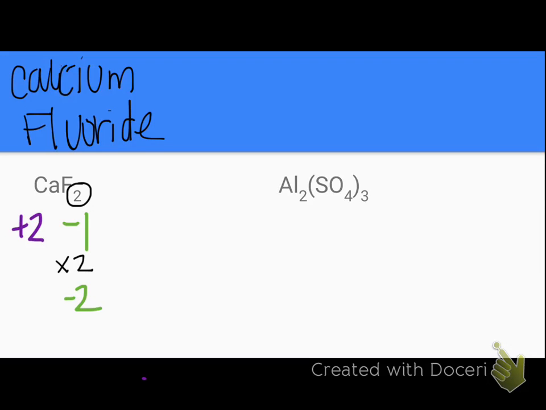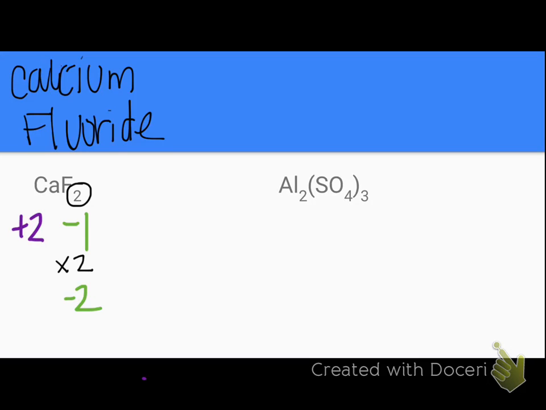Next, what do we have here? We have Al2(SO4)3. All right. One thing to make note of here, this SO4 is in parentheses, meaning that this whole thing is multiplied by 3, okay? Not just the oxygen. So just for future reference. All right, aluminum.